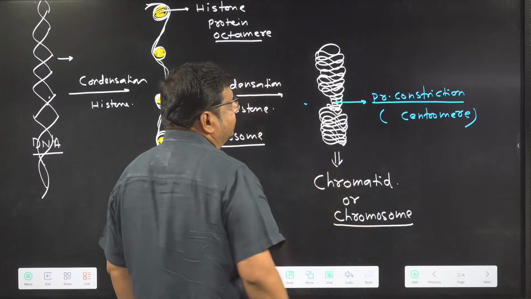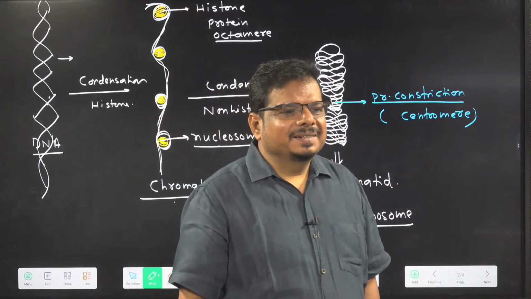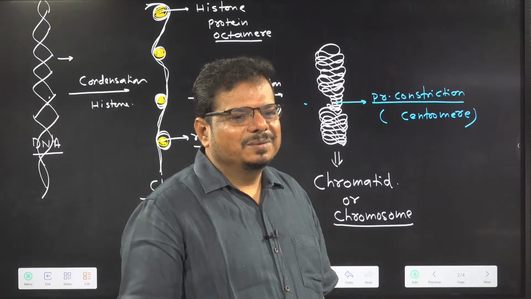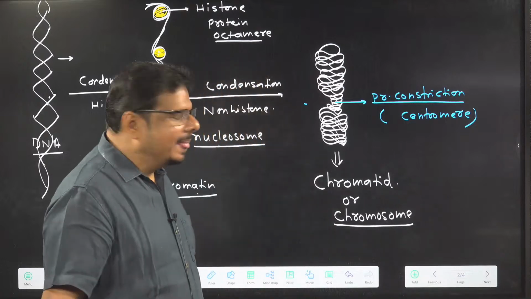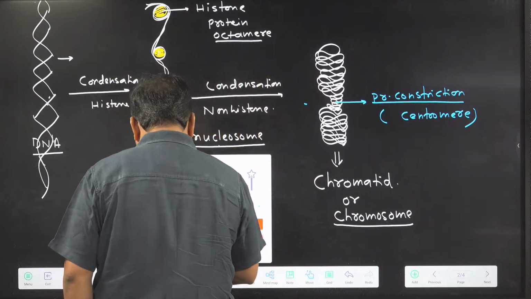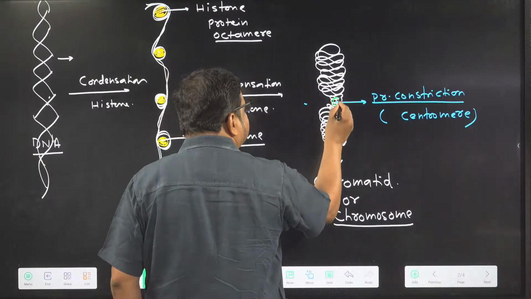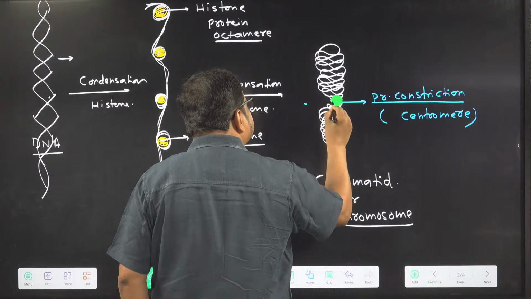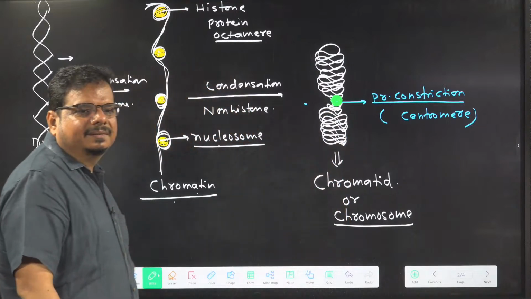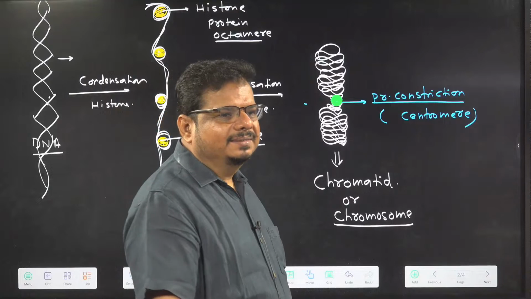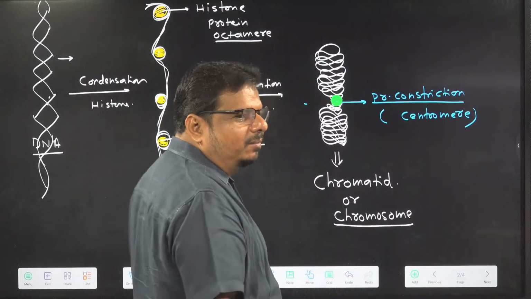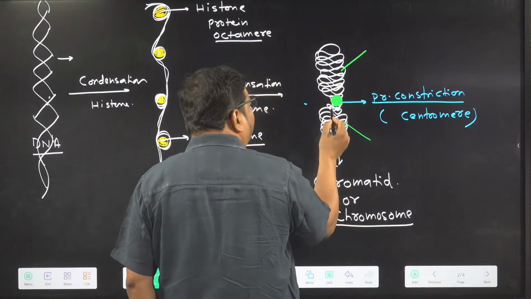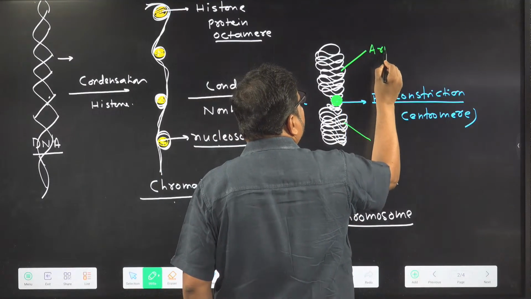How many centromeres are there? One centromere is there. For your better understanding, I am putting a dot by which you will understand the centromere. One centromere is there. Clear in the mind? This side and this side, both sides of the centromere, are the arms of the chromosome.